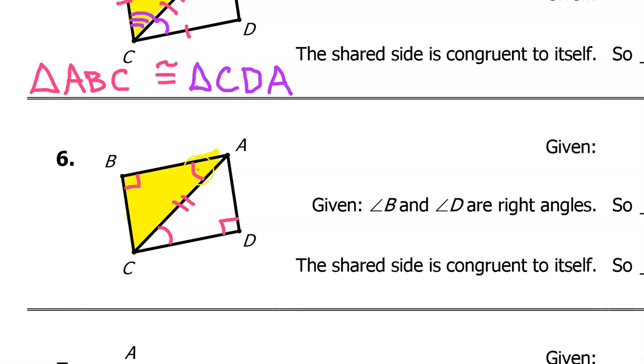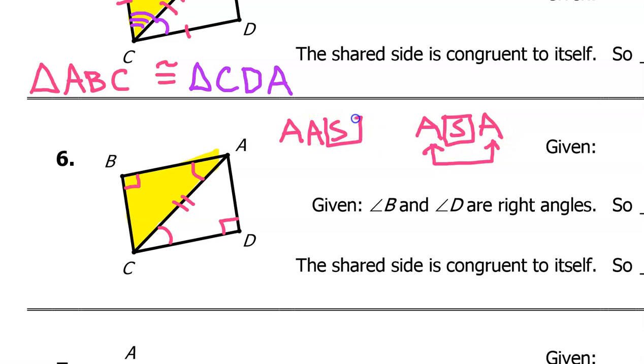So we're going to treat this as a regular triangle. I'm noticing that we have 2 angles and a side. So this is either going to be angle, angle, side, or it will be angle, side, angle. It all depends on whether or not the side is between the 2 angles. If it is, it will be angle, side, angle. If the side is not between the 2 angles, then it is angle, angle, side.